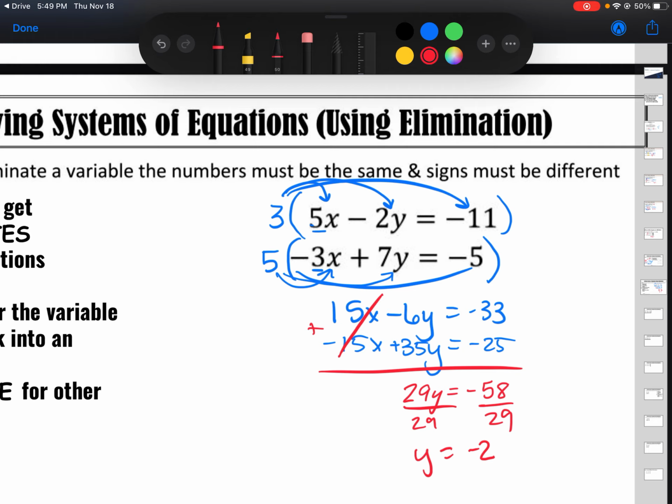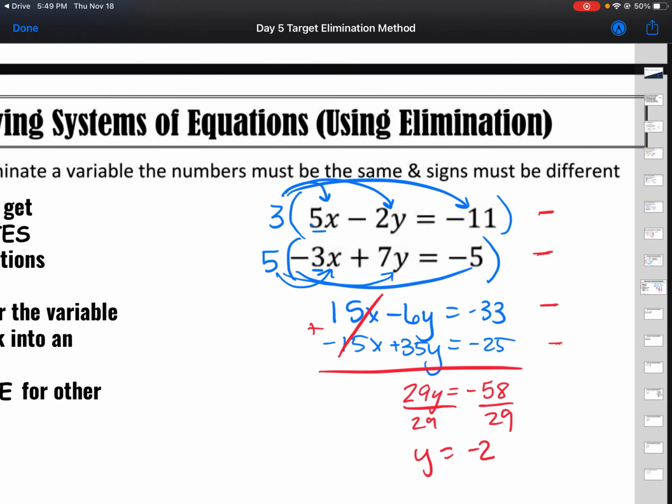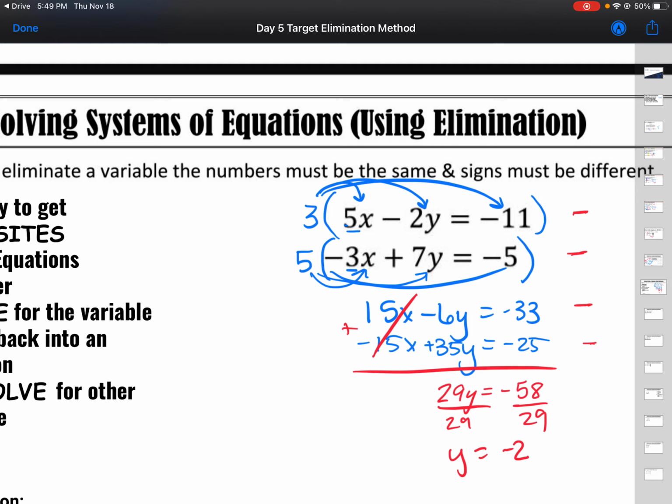Last step, plug that back into an equation. Now we have a choice. We can plug it into the first, the second, or the new first, or the new second. It does not matter. When I plug in, let's go ahead and throw it into the first equation. So it's 5x minus 2y. Well, I know that y is negative 2. Equals negative 11. So our y's went away. This was y here.